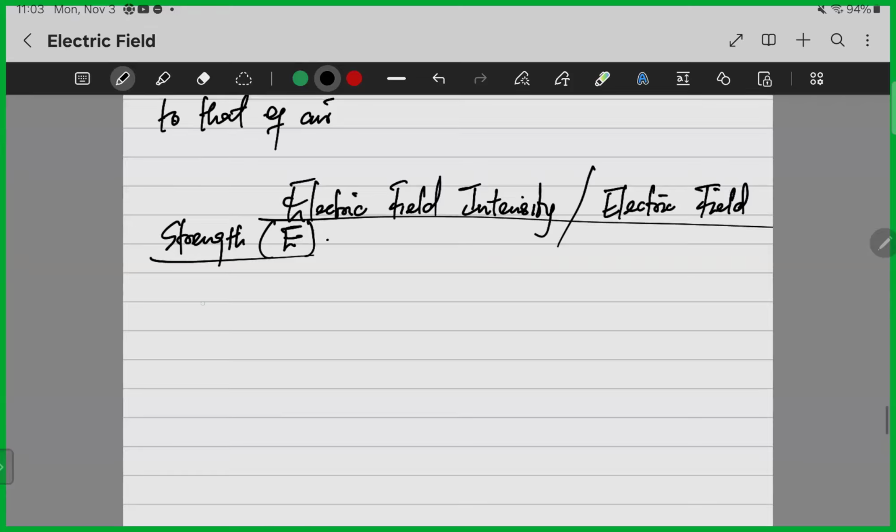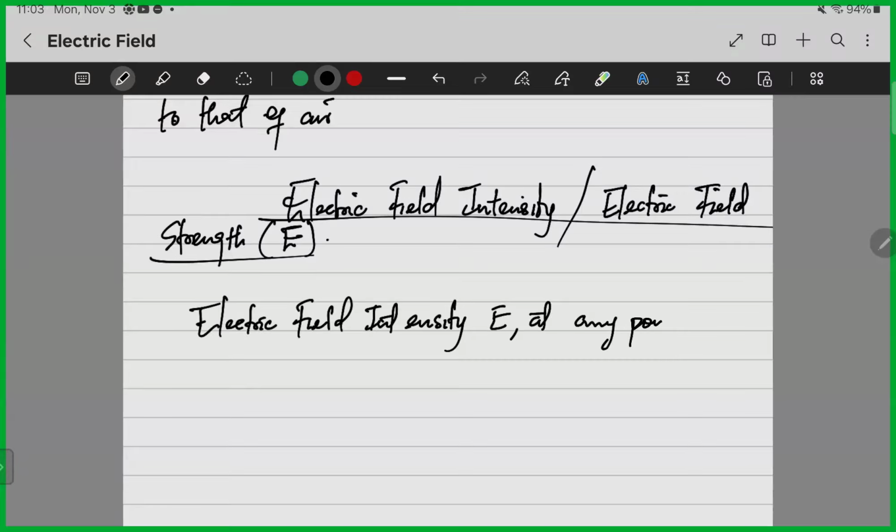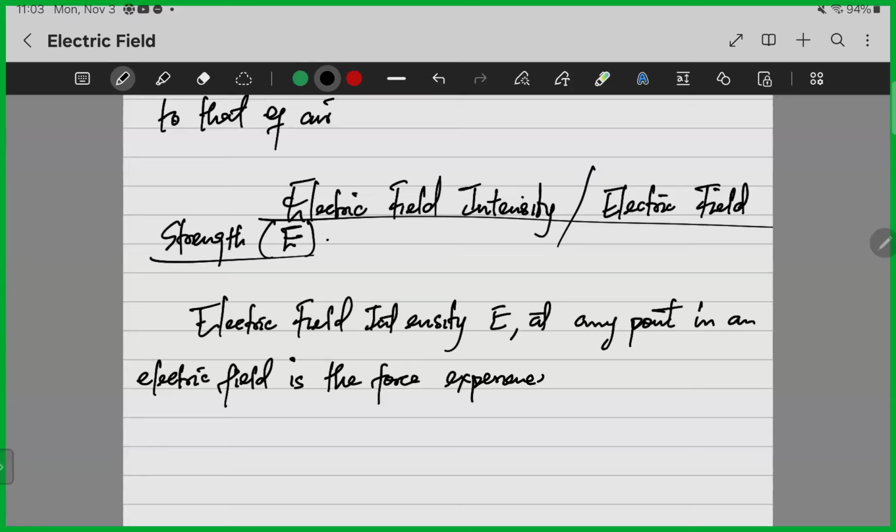So let's define this. Electric field intensity E at any point in an electric field is the force experienced by a unit positive test charge at that point.